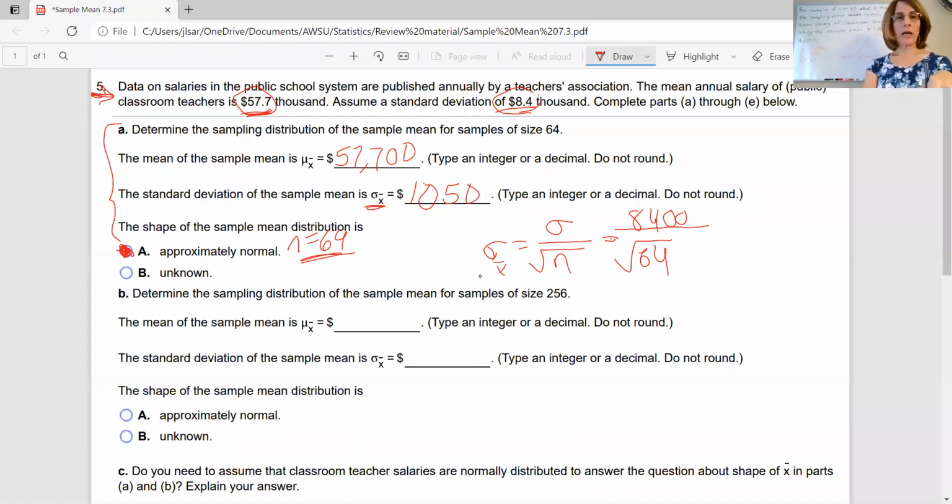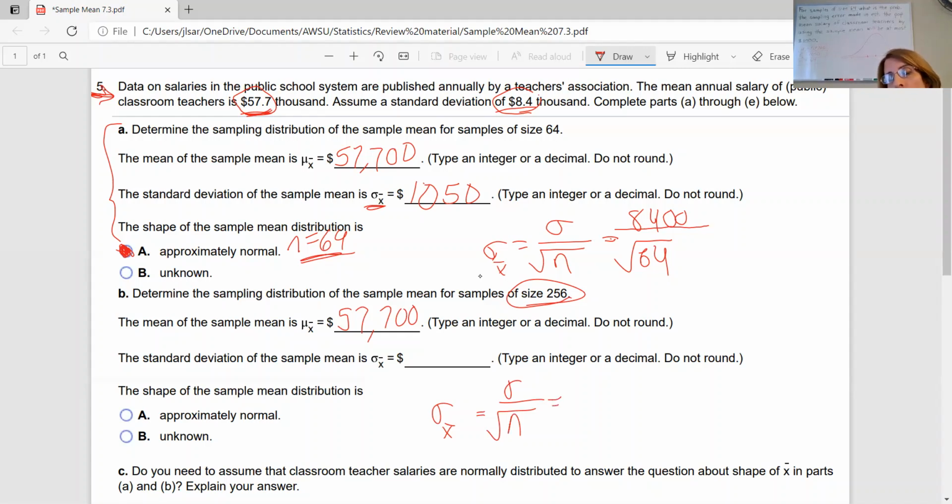Then the problem goes on, it asks the same information, except it changes the sample size now to 256. So what's going to change? Well, the mean's not going to change. That's still going to be the mean of the given population, of the parent population. The standard deviation will change now because n is used in that equation.